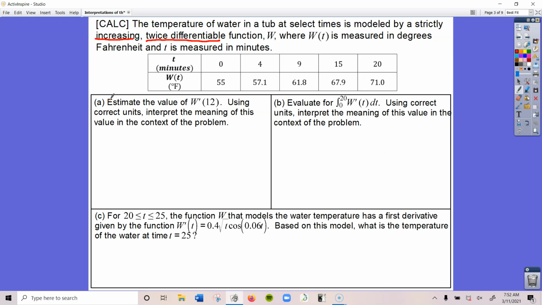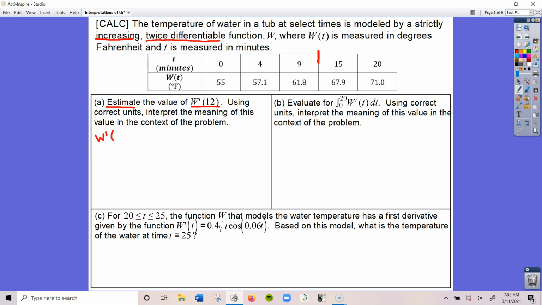So first part here, it says to estimate the value of w prime of 12. Using correct units, interpret the meaning of this value in the context of the problem. So the chart that we're given is w of t, and if we're trying to estimate w prime of 12, that means that we have to find the slope of the secant line. So t equals 12 is between 9 and 15.